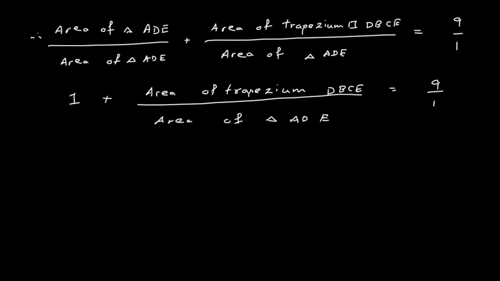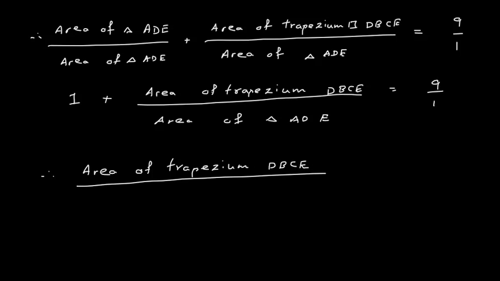So therefore finally you can say that area of trapezium DBCE upon area of triangle ADE will be equal to 9 upon 1 minus 1. So it is 8, right? 8 upon 1. You can say that 8 upon 1.